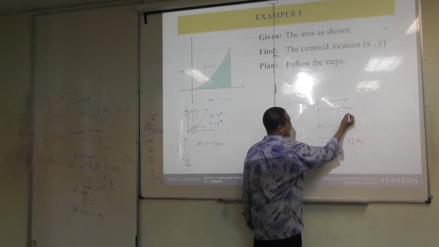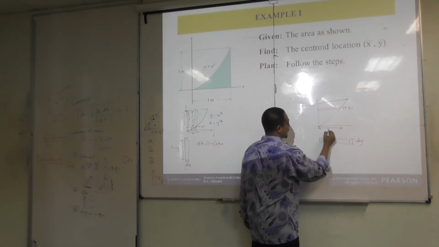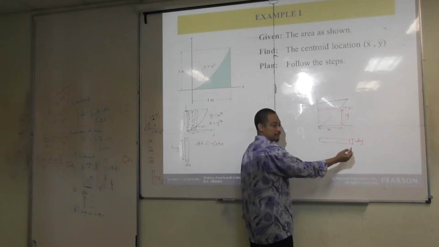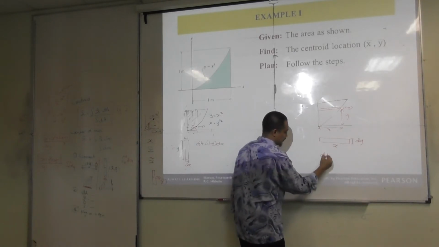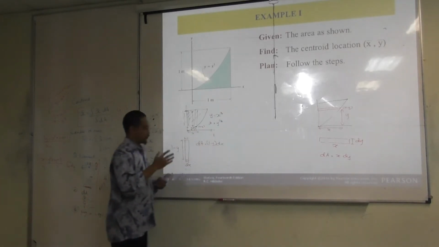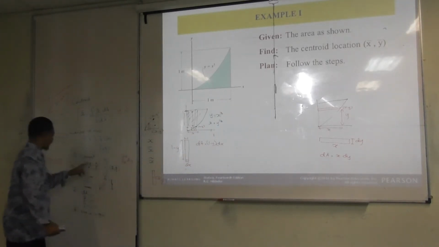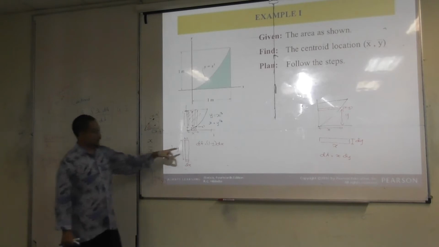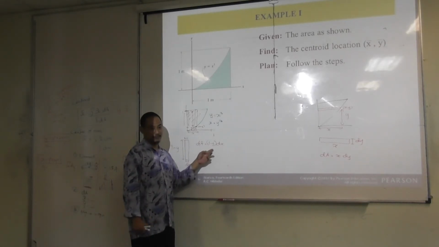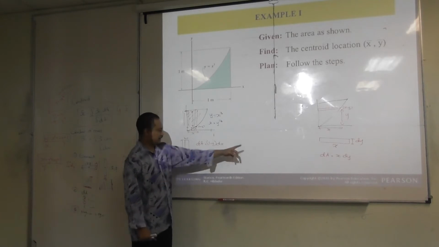X, y. Meaning this is x, this is y, right? So what is this line? X. So dA will be x dy. Now, the way you select an element, even though both are possible, you'll see that one will be easier to integrate, and later on one can be more complicated. But this one is not that difficult.